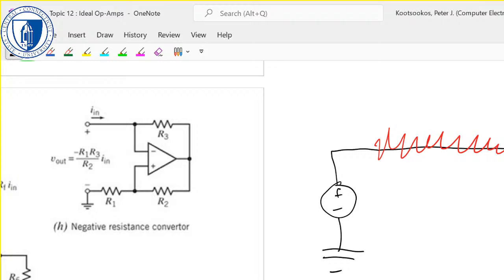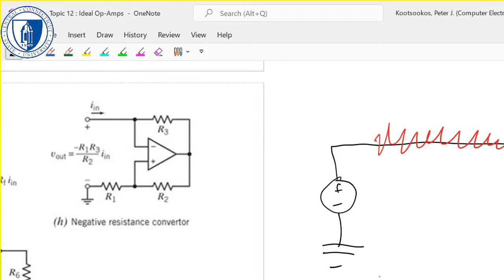But if you do a twisted pair, and I'm not going to be able to draw it nicely, so I'm just going to draw a straight one to our meter.